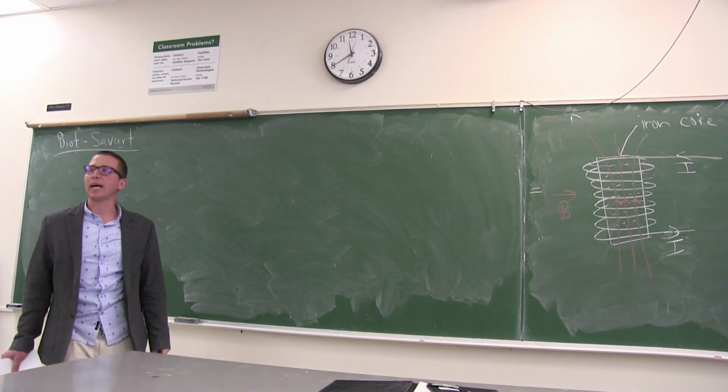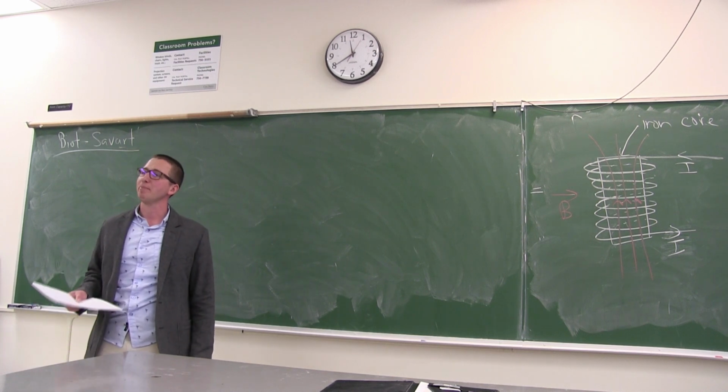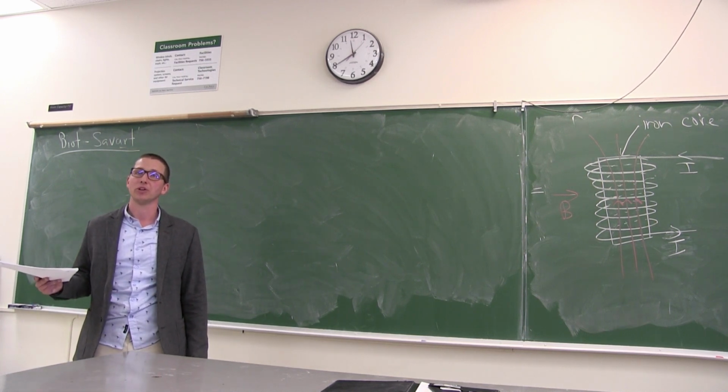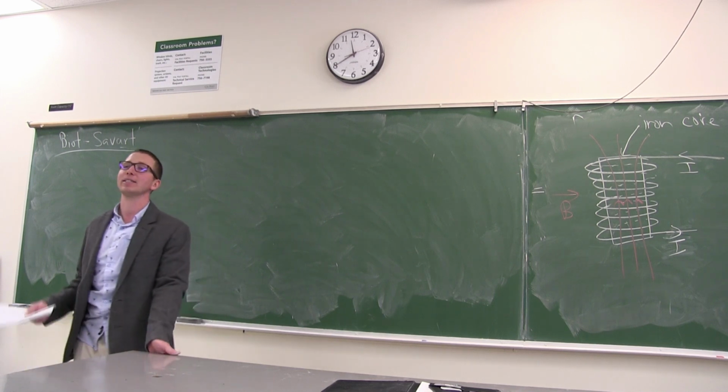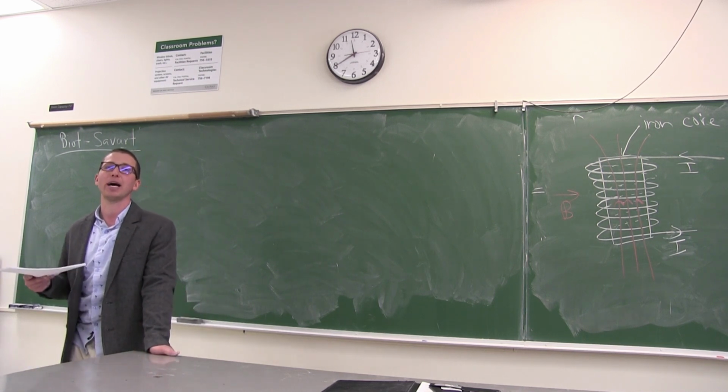The Biot-Savart Law is the magnetic equivalent of Coulomb's law. Or put another way, the Biot-Savart Law is to magnetic fields what Coulomb's law is to electric fields.